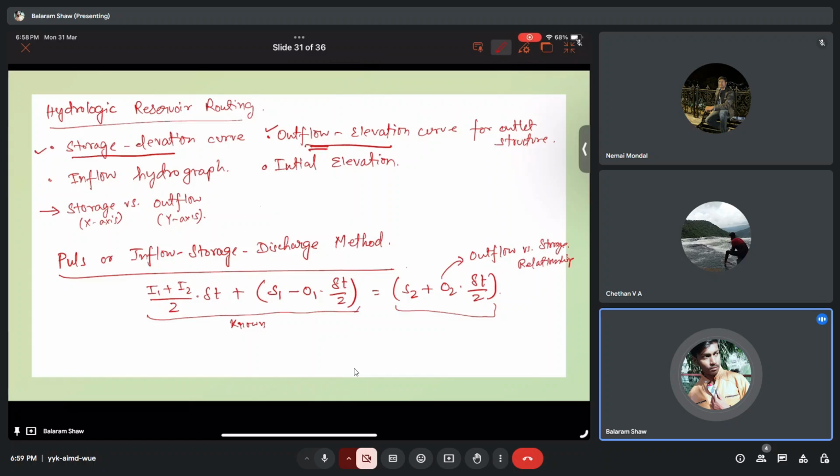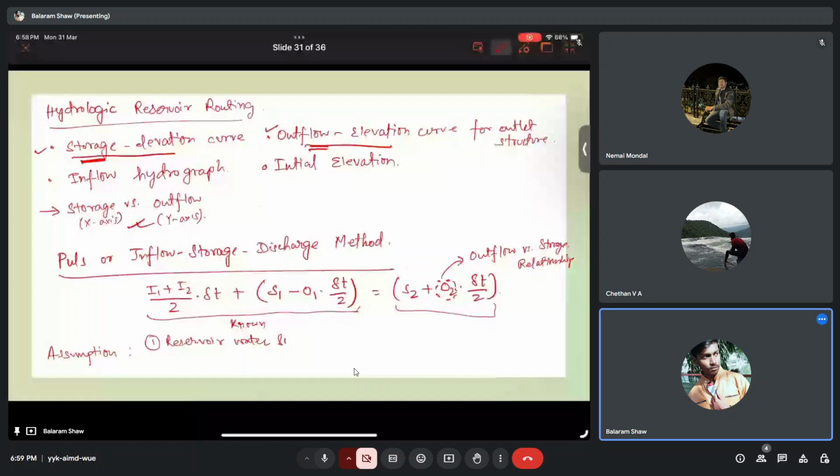Okay, now coming to the assumptions of the pulse method. It considers that the reservoir water surface is horizontal. This means it can be applied in reservoirs or streams.